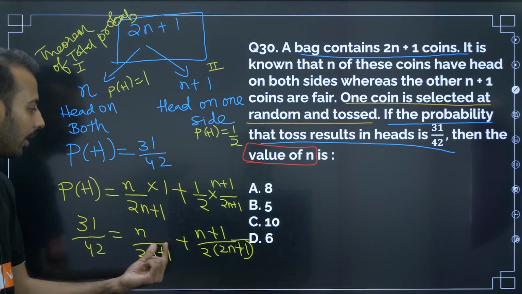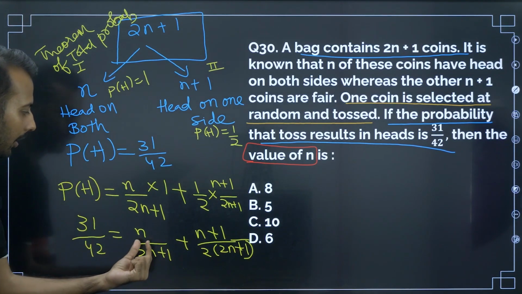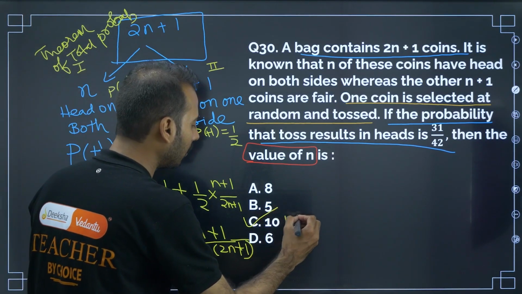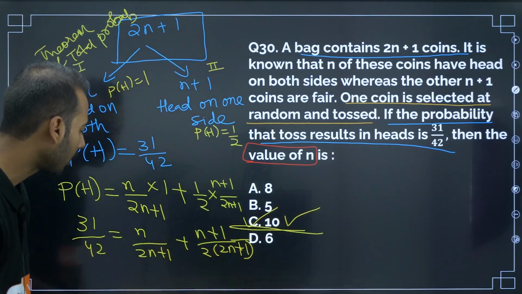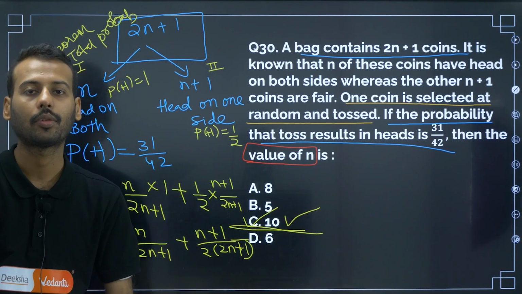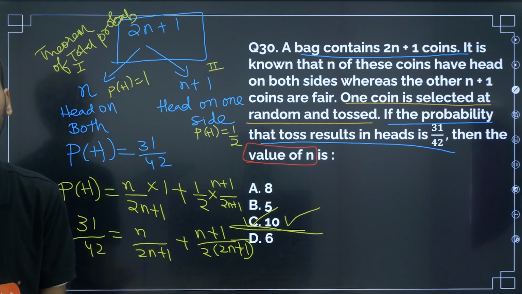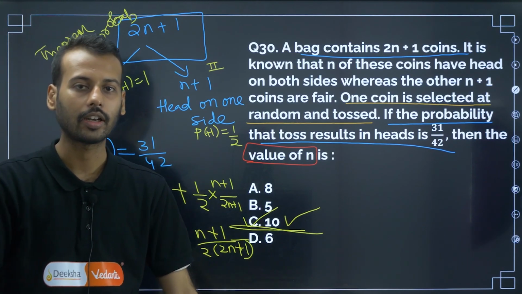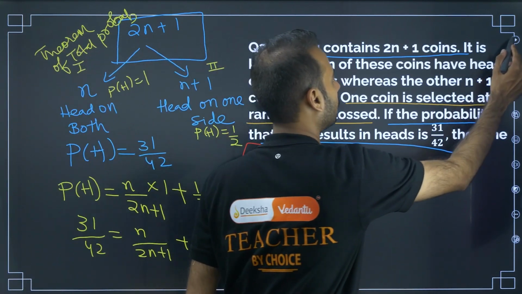Now if I simplify this, finally there is one equation and one unknown. I will get n is equal to 10. Just simplification, I am leaving this to you. So please simplify this. If you are unable to simplify, add in comments, sir please explain how to simplify, like that. If you tell, definitely I will explain. Moving on to next question.